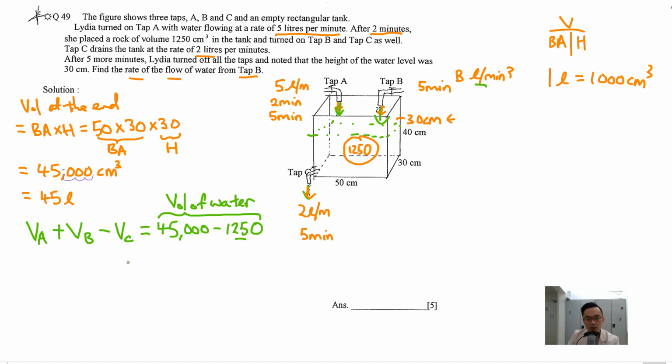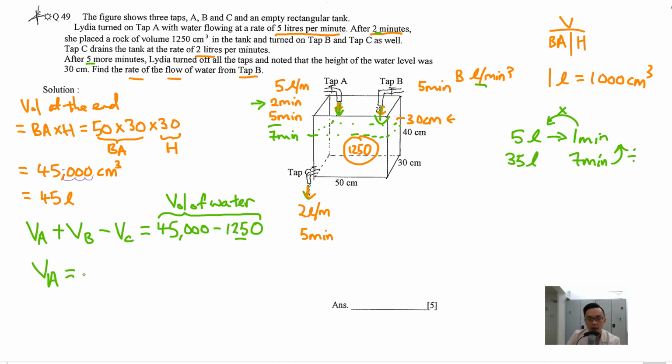So let's see how do we do this. If I want to find the volume of tap A, for this it's liters per minute. So it's 5 liters in 1 minute. So I know that at first I switch on for 2 minutes, and then after that I switch on for 5 more minutes. So it's a total of 7 minutes. So 7 minutes, times 5 equals 35 liters.